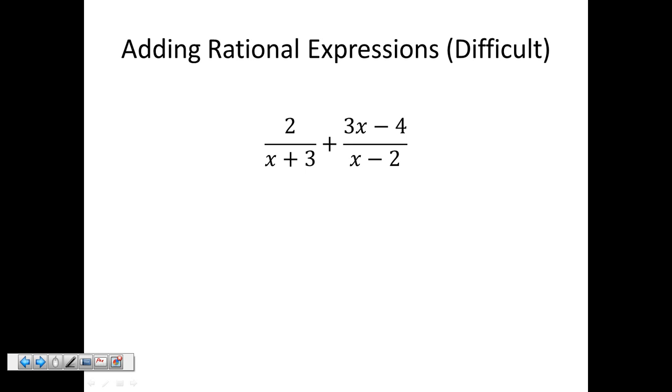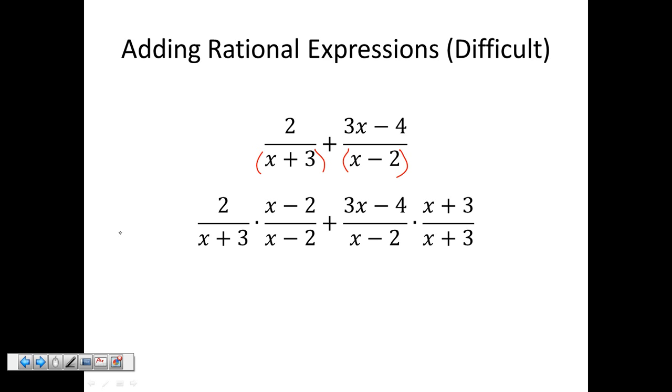Our easiest common denominator is x plus 3 times x minus 2. So when I look at this, I look at what each fraction needs to create that easiest common denominator. In the case of the first fraction, it's got the x plus 3. What it's lacking is the x minus 2.